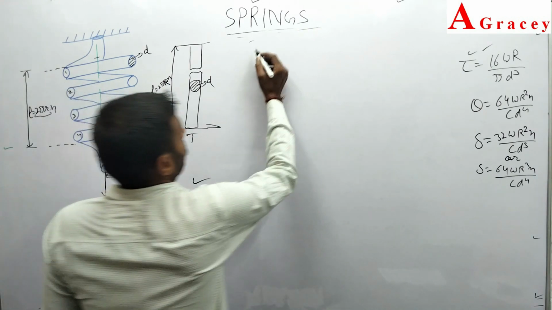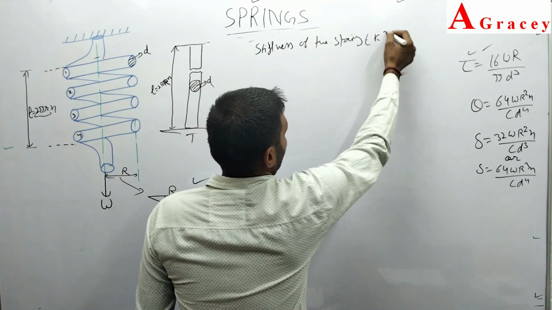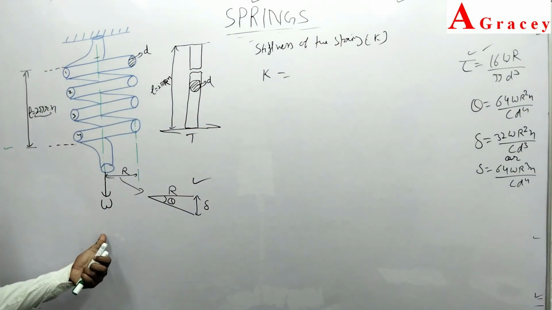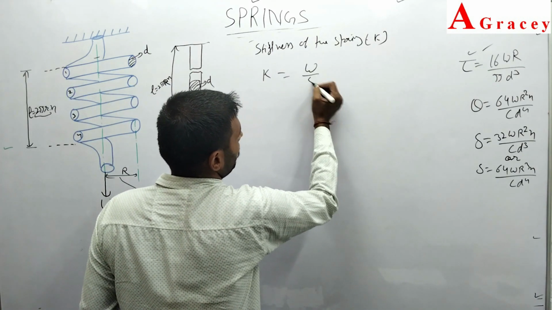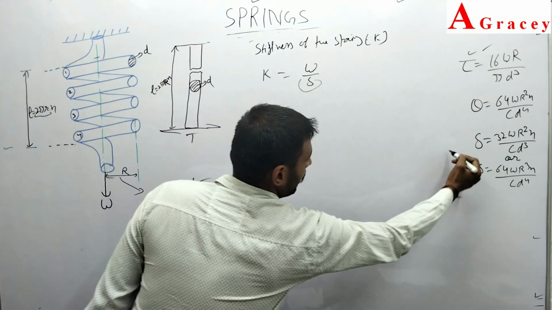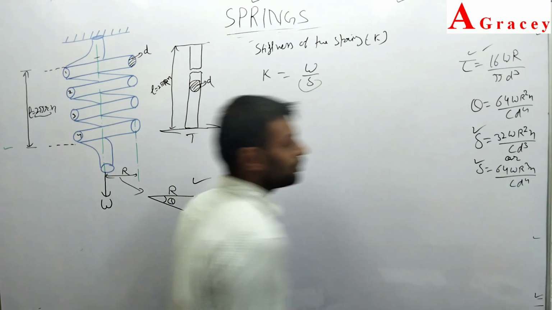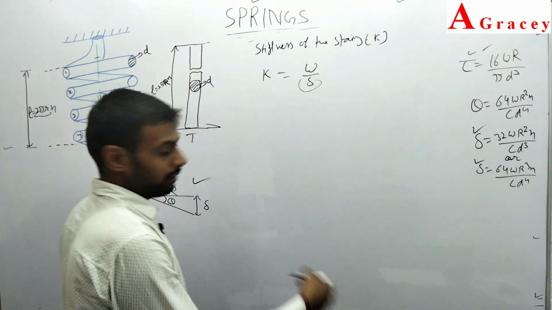So now we identify the stiffness of the spring, that is denoted by K. So K is the stiffness due to the loading condition W, and your deflection is produced, and the stiffness is represented here as W by δ. Is it clear? We already identified that δ. You can take the δ value here as 64 WR³n upon Cd⁴, as we already discussed previously.